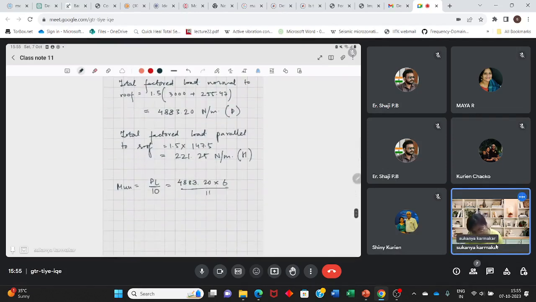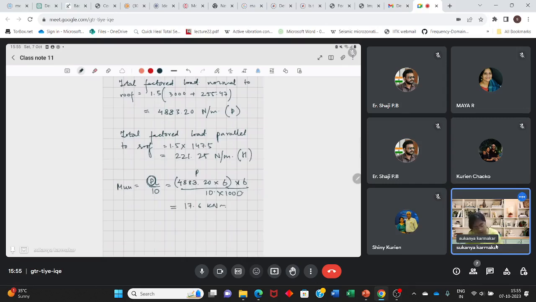So P into L, which is 6, divided by 10. This load was in Newton, so to calculate it in kilonewton, I'm dividing by 1000. You'll get the number 17.6.